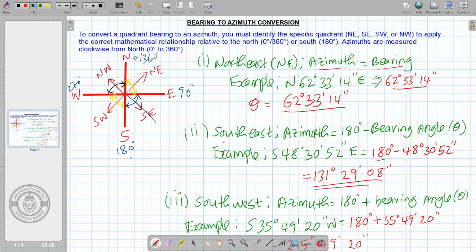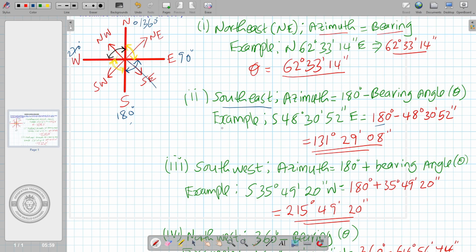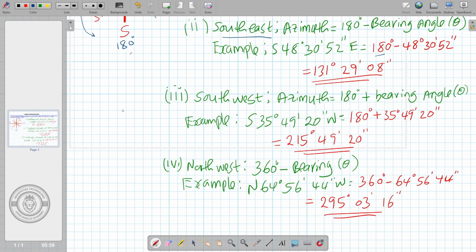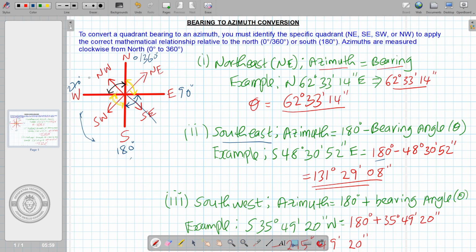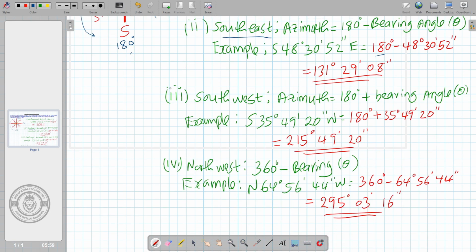If a bearing falls under the southeast quadrant, the second quadrant, the azimuth will be 180 minus the bearing. If the bearing falls under the third quadrant right here, we'll get 180 plus the bearing angle. And lastly, if the bearing falls in the fourth quadrant, we'll have 360 minus the bearing angle.